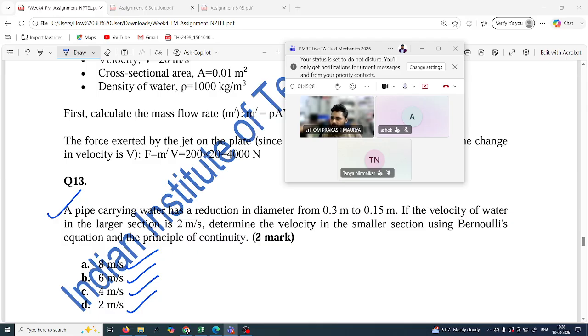If the velocity of water in the larger section is 2 meter per second, determine the velocity in the smaller section using Bernoulli equation and the principle of continuity. One thing is very, very important here: there is no data for the elevation, whether it is an inclined pipe or a horizontal pipe. If data is not given, you can go with the horizontal pipe.